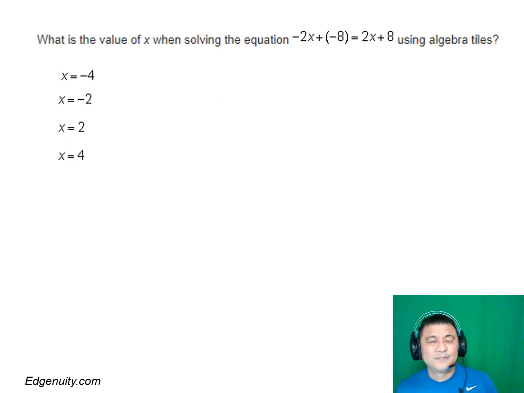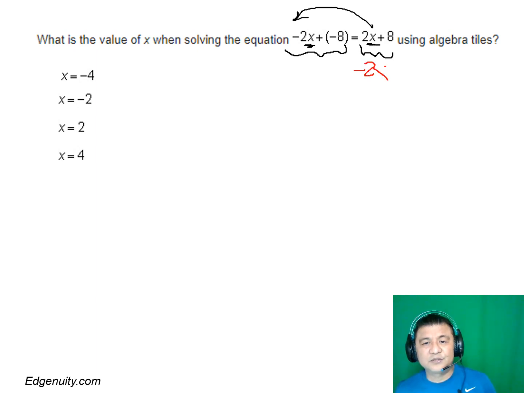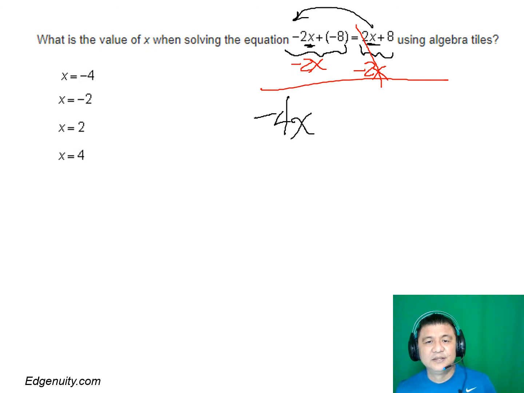Got it? Next, what is the value when solving for this equation? Check out the left side and the right side. I need to get rid of the x here, but there's an x here. I want everything to the right. So I need to subtract 2x on both sides. That cancels out, so negative and negative is negative 4x. Bring down the minus 8 equals positive 8.